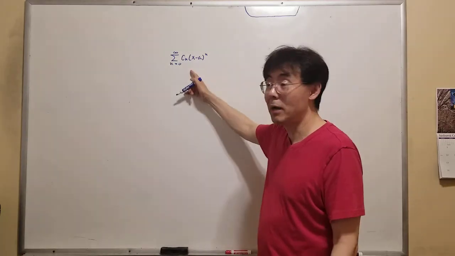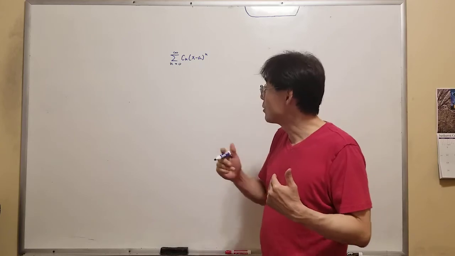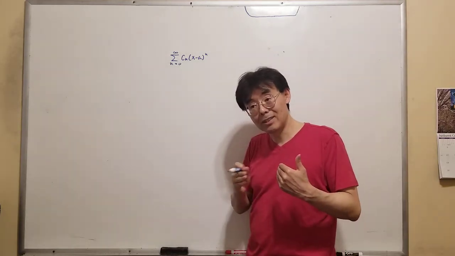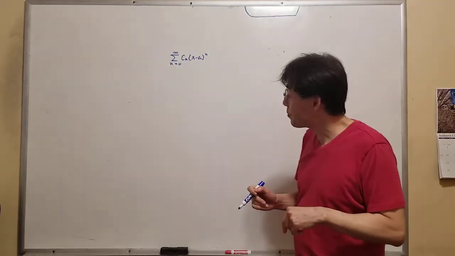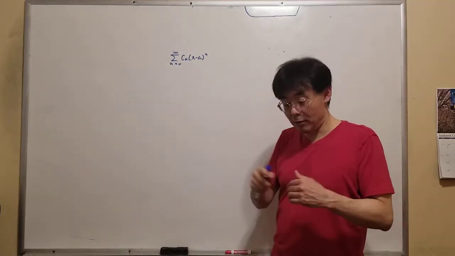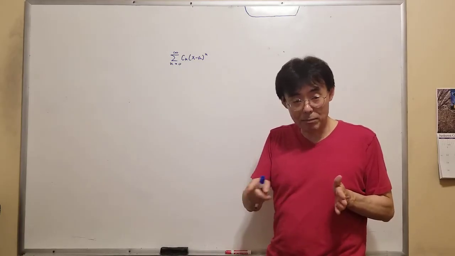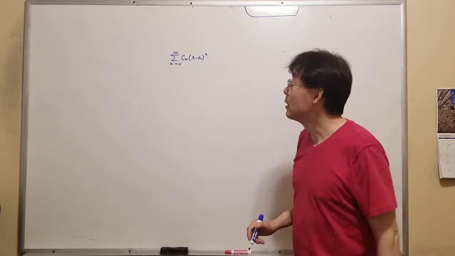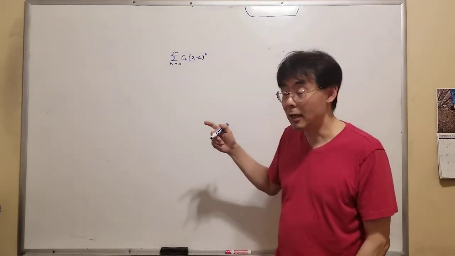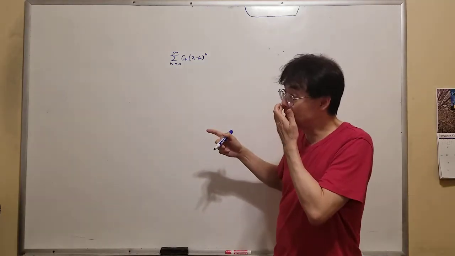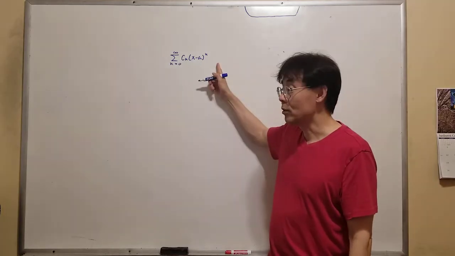It turns out that for a power series, the set of all x for which it is convergent is always an interval, centered symmetrically around a, from a minus r to a plus r. That r is called the radius of convergence. We learned how to get the radius and interval of convergence using the ratio test.